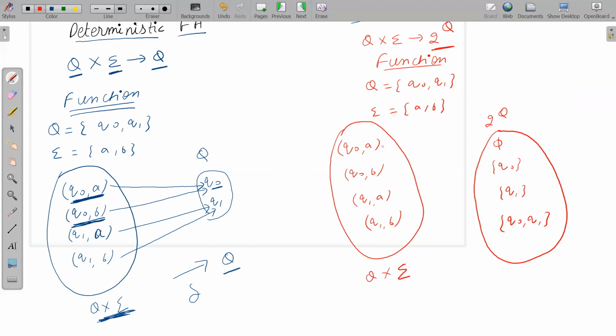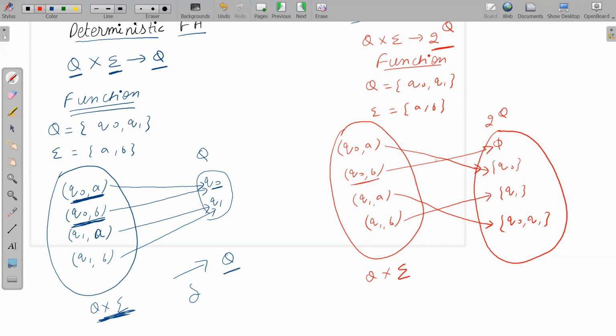Since it is a function, I will do a simple mapping. Q naught comma A is linked with Q naught, and Q naught comma B is linked with phi. Q1 comma A is linked with Q naught Q1, Q1 comma B is linked with Q1, and so on. I hope I have made the point clear.